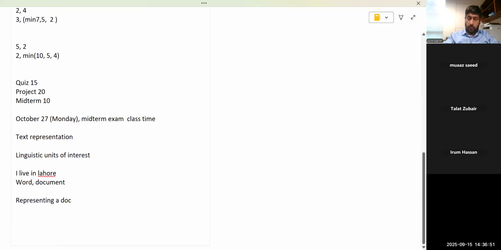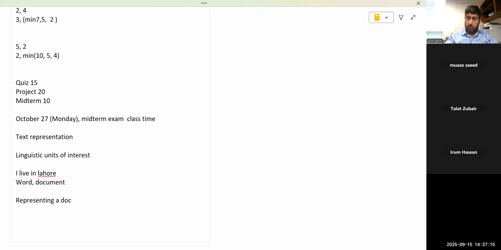Okay. So what is typically done is we create a vocabulary, as you already know, and we define each word in that vocabulary as a feature, and then each document is represented in that feature space.